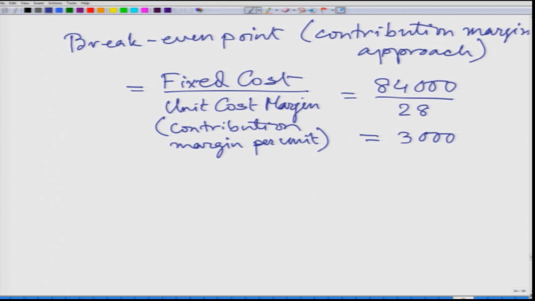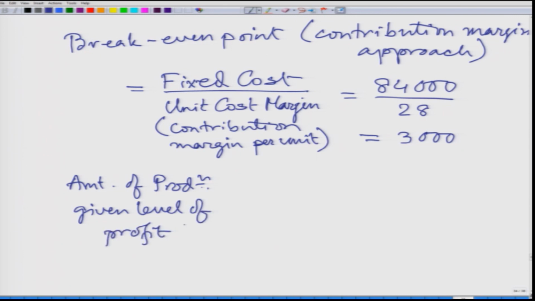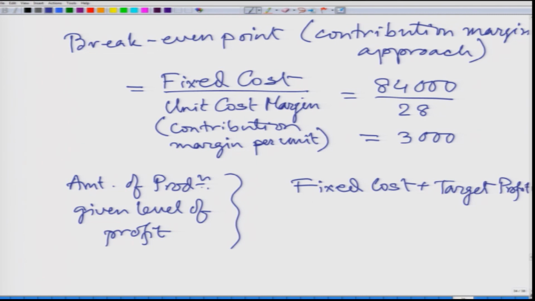So this is how we can estimate my break-even point. And I can also estimate the amount of production given the level of profit. It is fixed cost plus the level of profit, or the target profit, divided by the contribution margin per unit.